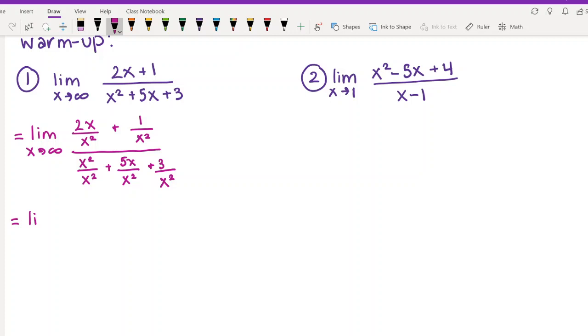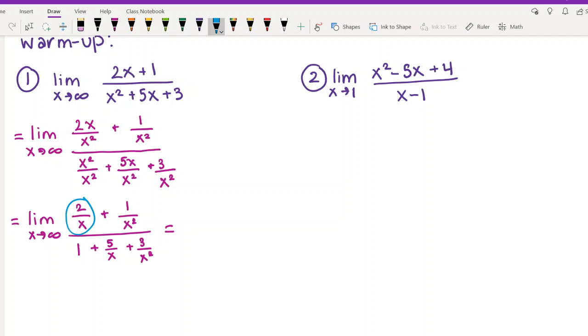So the next step here is to simplify each of these pieces. We get 2 over x plus 1 over x squared, divided by 1 plus 5 over x plus 3 over x squared. The last step for this type of question is that you have to remember that anytime you have a piece where the numerator is a number and the denominator is x to a power, the limit of that piece is always going to be 0.